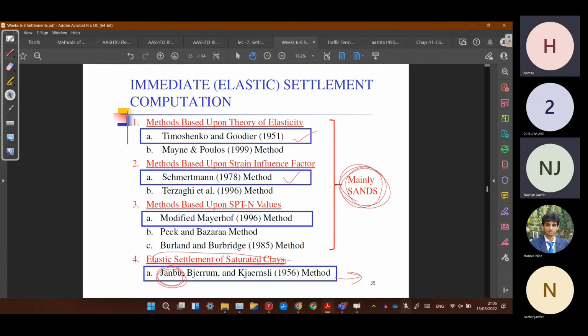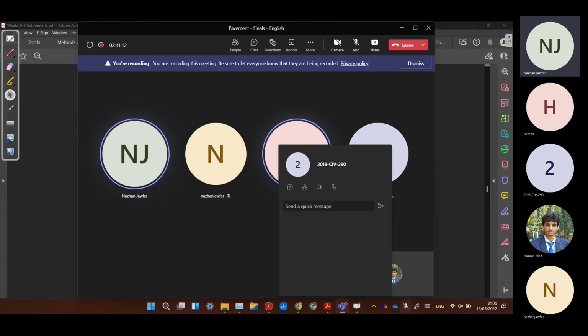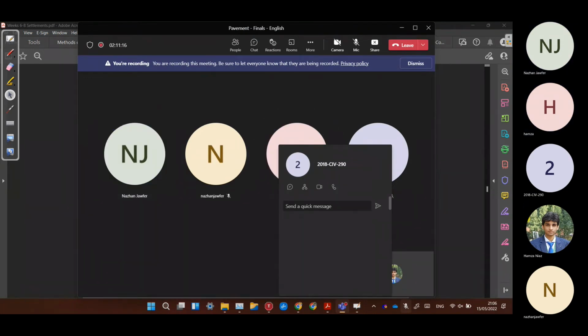So any more issue? Brother, remember, in the foundation part, most probably I think just two questions will come from those two parts. We have a foundation part of 20 marks. So I think maybe 6 to 8 marks would be from consolidation, and the rest, 12 marks, would be from these piles.